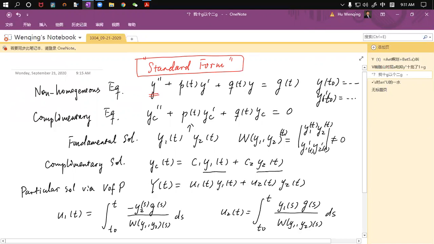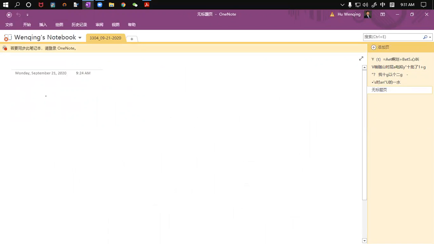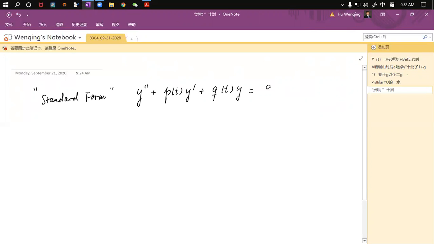If you're not in a standard form, what kind of problem are you going to have? Let's look at this issue. The equation in standard form has the shape y double prime plus p of t y prime plus q of t y equals g of t.